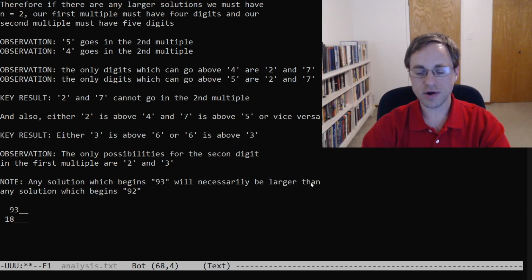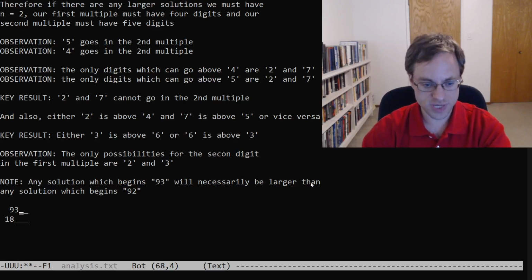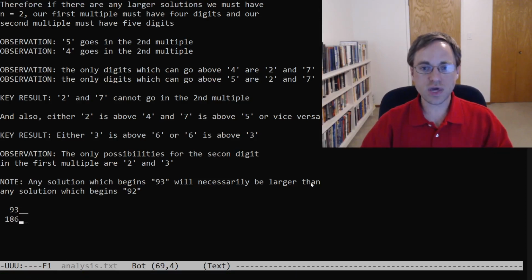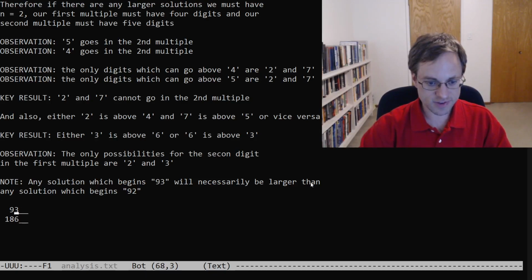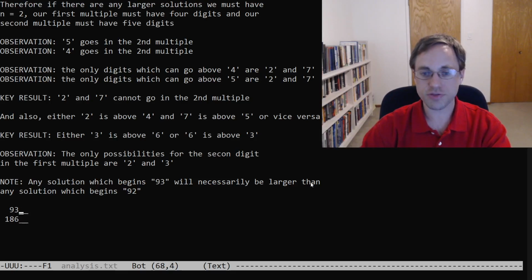Well, we already said that 3 and 6 have to go together, and so we know that 6 goes in there. But then we can use the same reasoning that we just used to limit the size of this digit, that is the second digit of our first multiple. We can use that same reasoning to limit the size of the third digit.